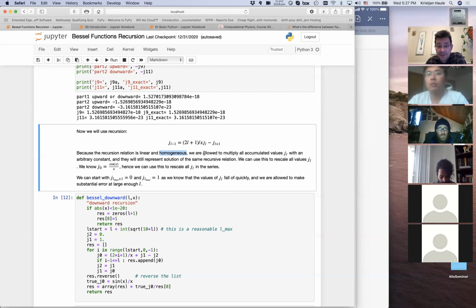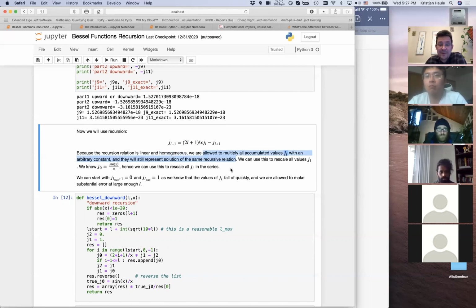So we are allowed to multiply all accumulated values of J_L with an arbitrary constant, and they still represent a solution of the same recursive relation. So the same recursive relation is still valid even when we multiply all J_L with a constant. That's obvious, isn't it? Because this is a homogeneous linear relation.